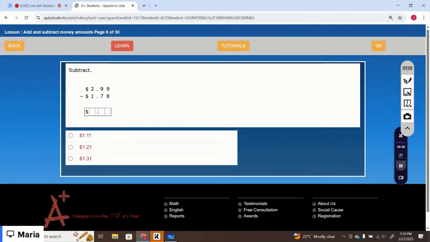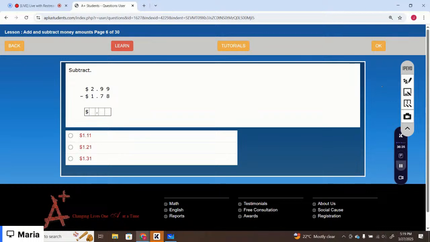2.99 minus 1.78, which is the correct option? 1.11 is the correct option.